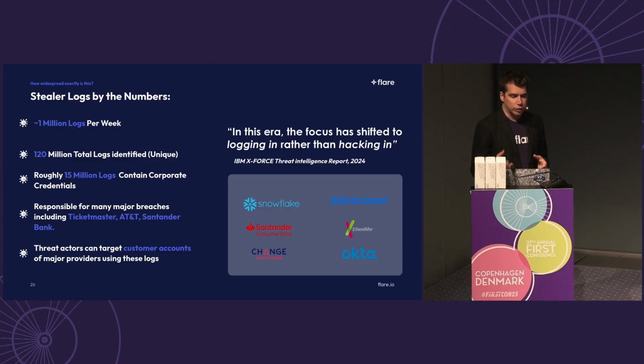And it has been linked to major breaches, including Ticketmaster, AT&T, Santander Bank. So it is a problem, and for us, these are often more critical than combo lists or ULPs or other leaked credentials that are seen online.